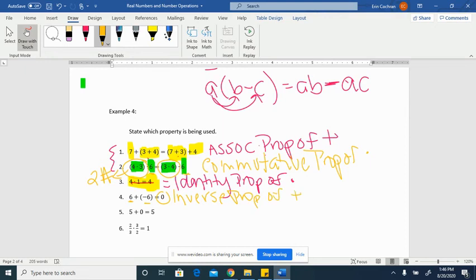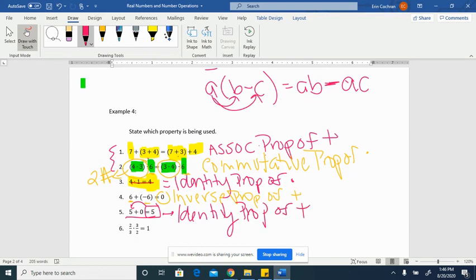All right, next one. 5 plus 0 equals 5. So we're ending back up with exactly what we started with. Since we're ending with itself, this would be our identity property. And this one is of addition because we're adding it.